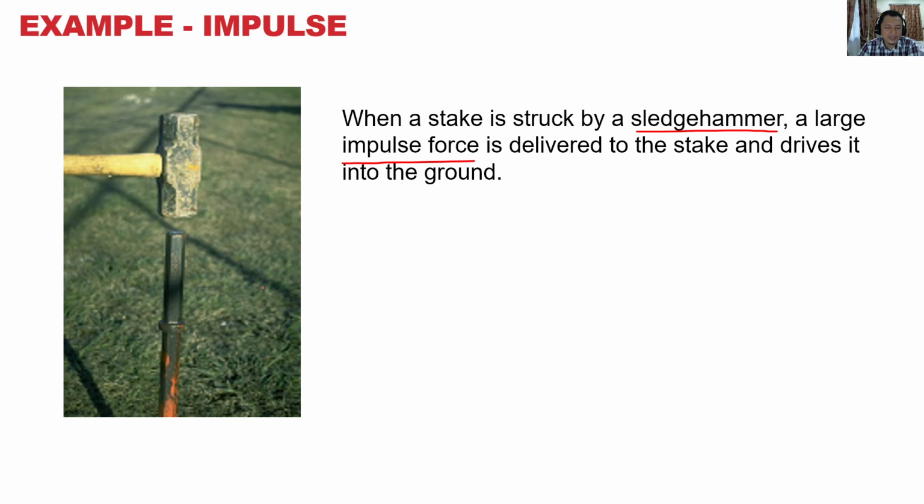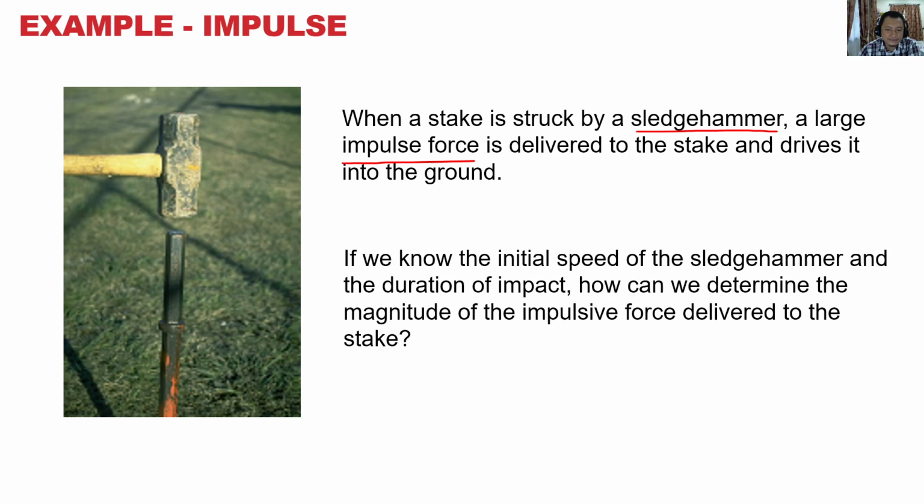So this is also an impulse condition. You need to know a few things: the initial speed of the sledgehammer and the duration of the impact, and how do we determine the magnitude of the impulse force delivered to this rod or stick.